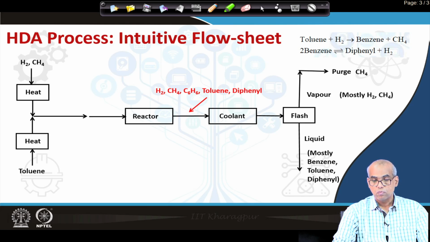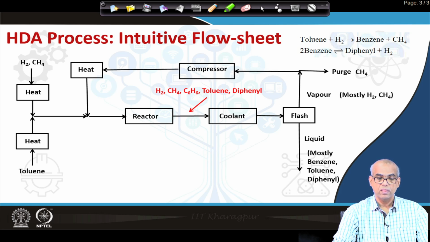Now, from the vapor stream, we would like to purge out the methane, and the hydrogen will be sent back to the reactor after passing through a compressor, and also before feeding to the reactor, the hydrogen stream will be heated up.